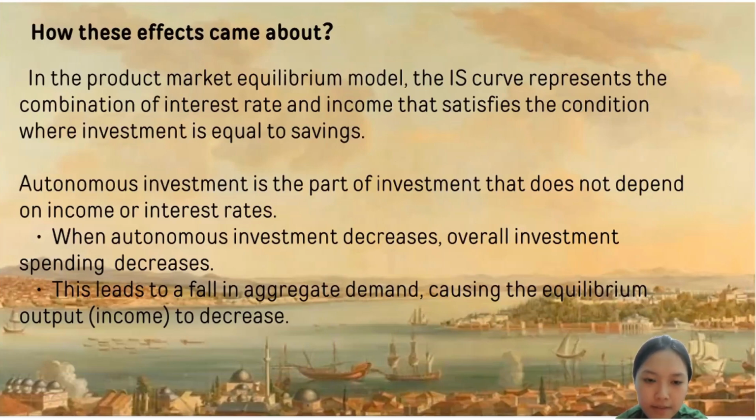Autonomous investment is the part of investment that doesn't depend on income or interest rates. When autonomous investment decreases, overall investment spending decreases. This leads to falling aggregate demand, causing the equilibrium output to decrease.